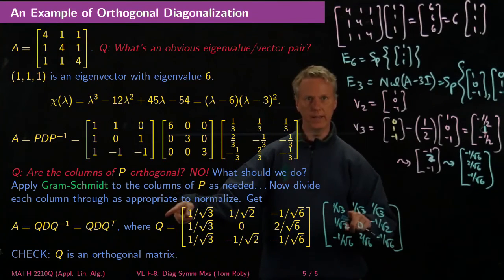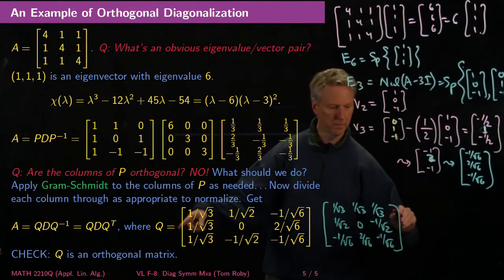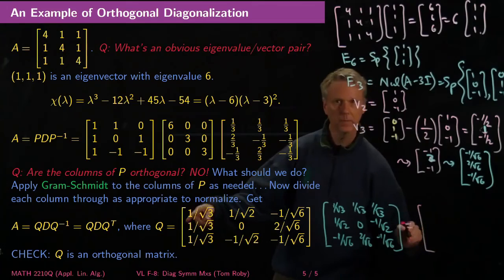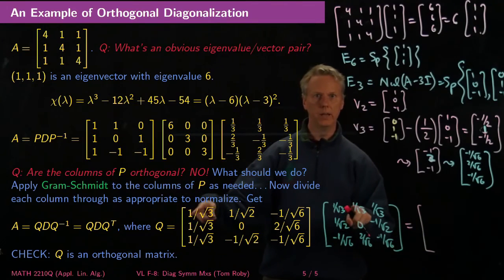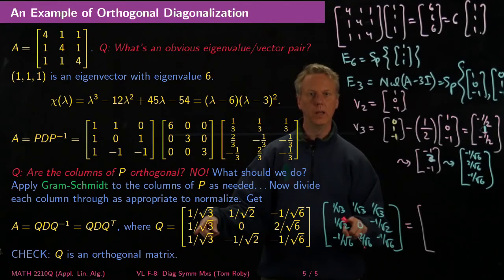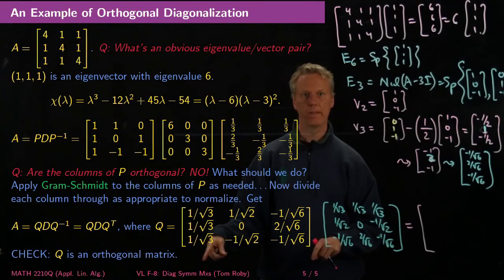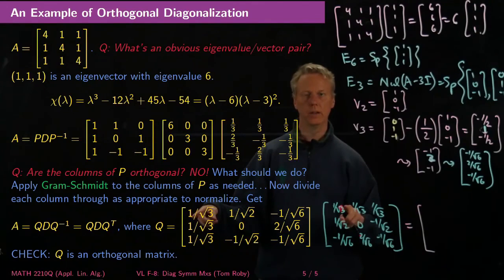What do I get? If I take this product, then I get a third plus 1 over the square root of 6. See, did I do this right?